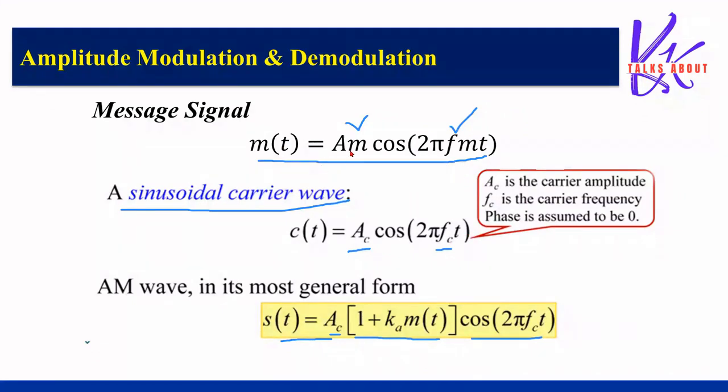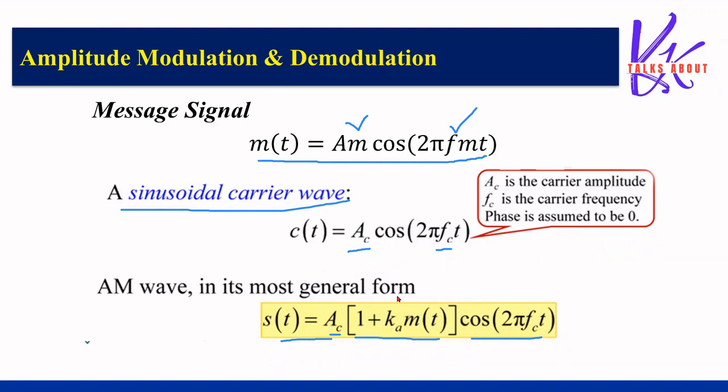Otherwise, m(t) is defined as Am cos(2 pi fm t + phi) and c(t) is also Ac cos(2 pi fc t + phi). As the phase is assumed to be 0, we write m(t) = Am cos(2 pi fm t) and c(t) = Ac cos(2 pi fc t). So when we modulate, the most general form of the equation is s(t) = Ac [1 + Ka m(t)] cos(2 pi fc t).